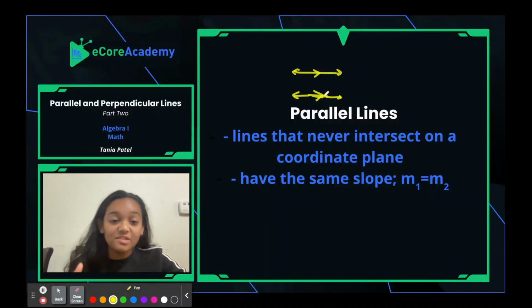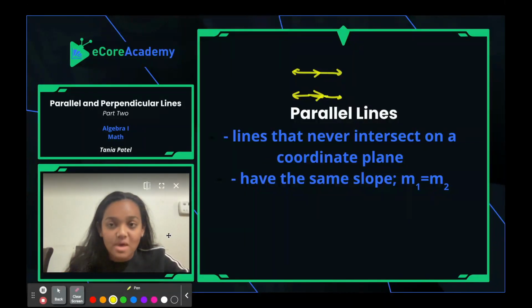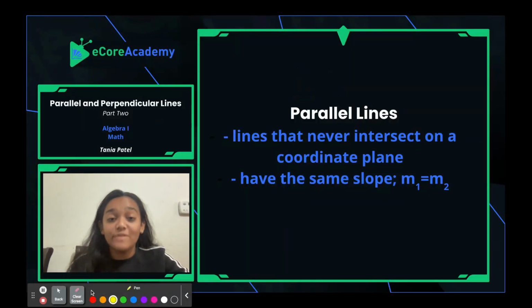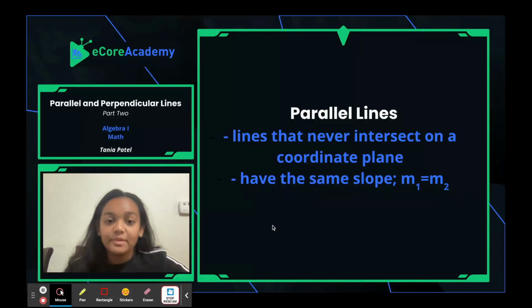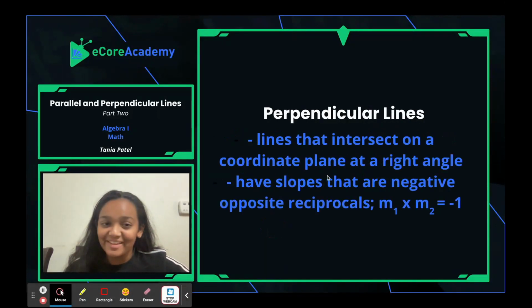If there is no notation or you don't have the information of the two slopes, don't assume. It's better to not assume. And that concept is going to be very essential in geometry as you will be working a lot with these lines. So with that being said, let's go on to perpendicular lines.